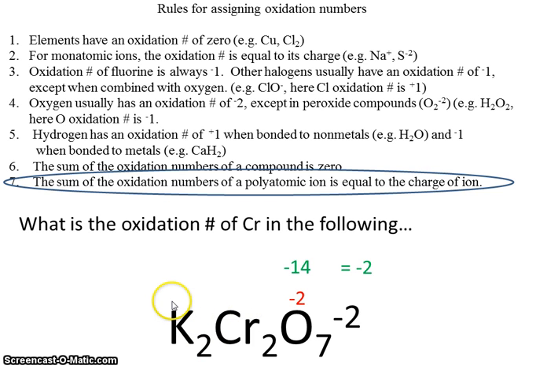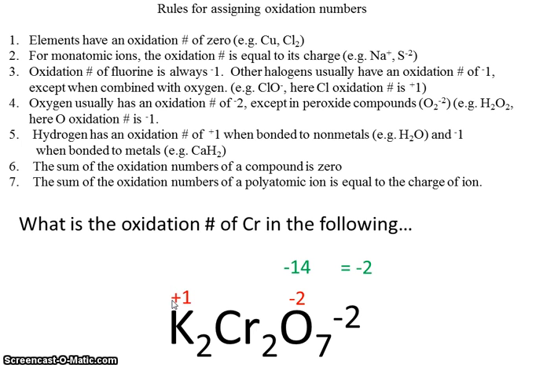Potassium, however, always has a charge of +1. So let's assume that potassium has an oxidation number of +1. We have 2 potassiums. We have 2 chromiums now, so that's why it's listed as 2x, because of this 2 here. So if we solve for x, we discover that the oxidation number on chromium is +5.